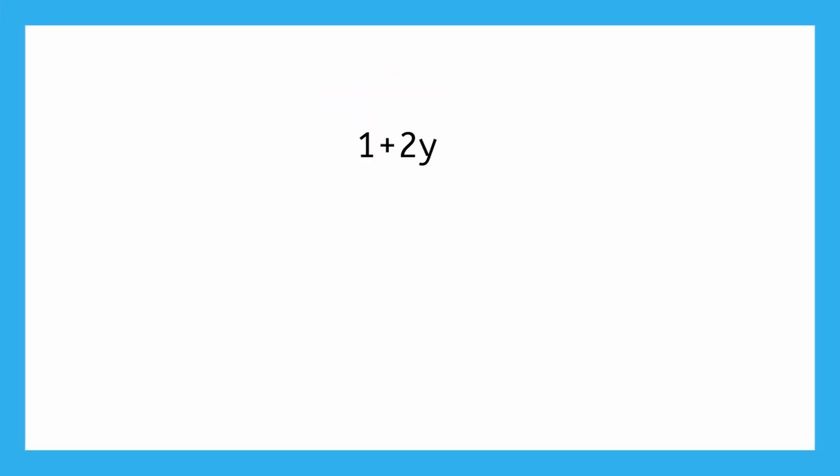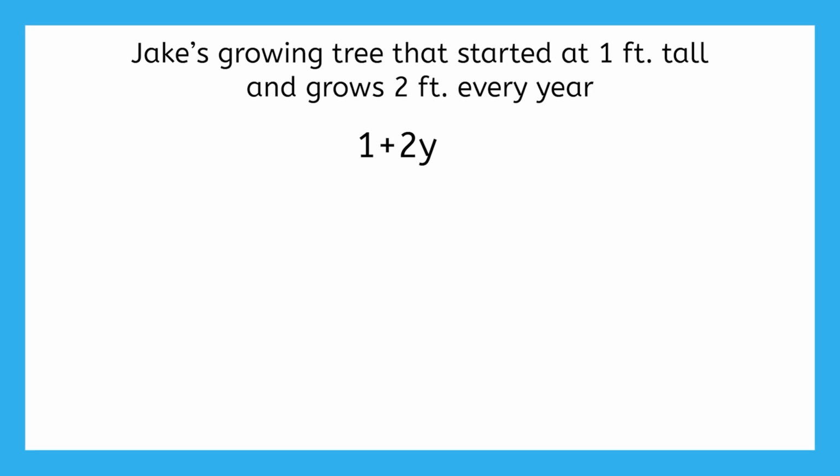One plus 2y was the expression used to represent Jake's growing tree that started at 1 foot tall and grows 2 feet every year, which means that this y represents the number of years the tree has been growing. Initially, we wrote this expression without knowing the exact years, hence y.